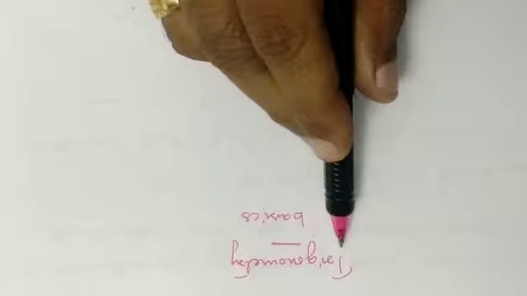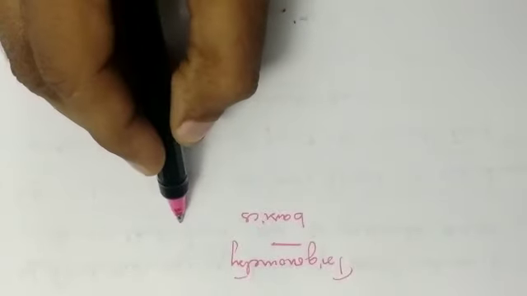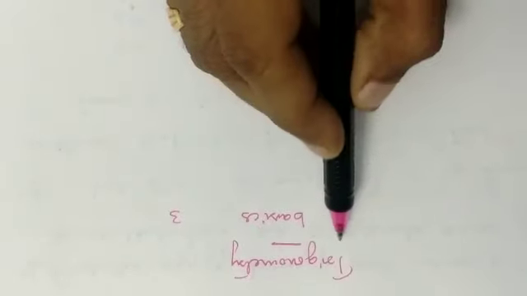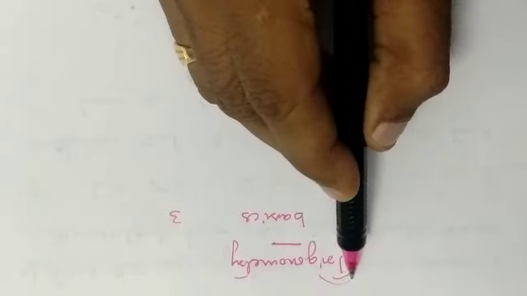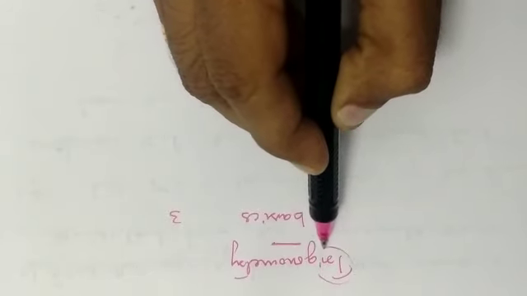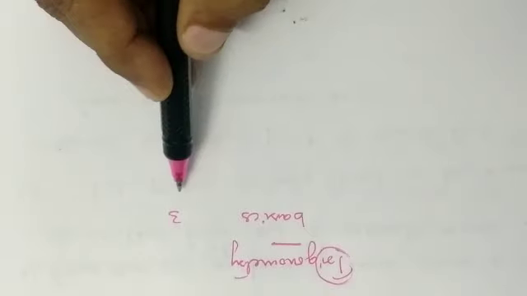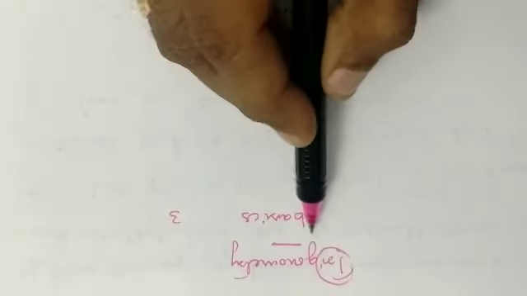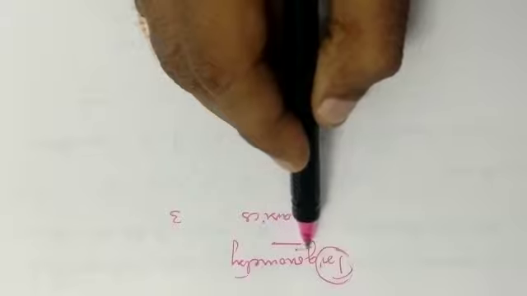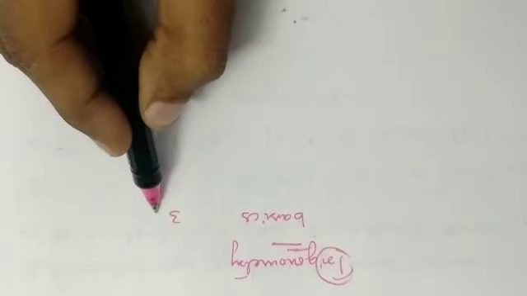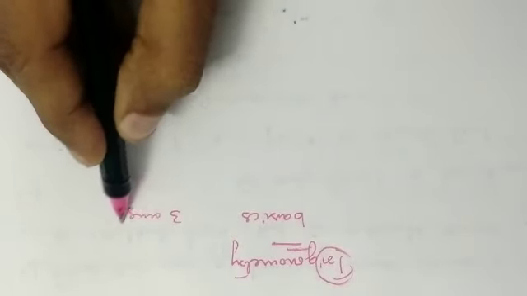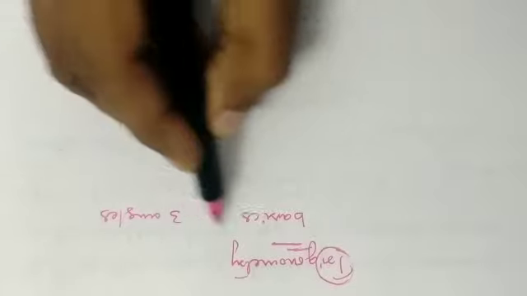The word trigonometry consists of try. Try means 3. Agon means angles.